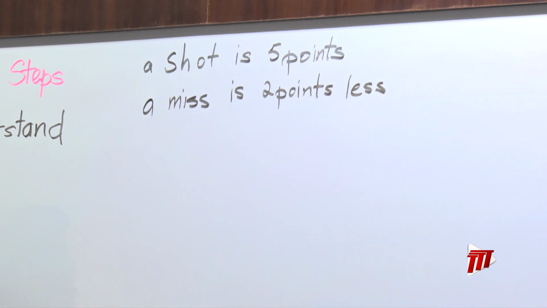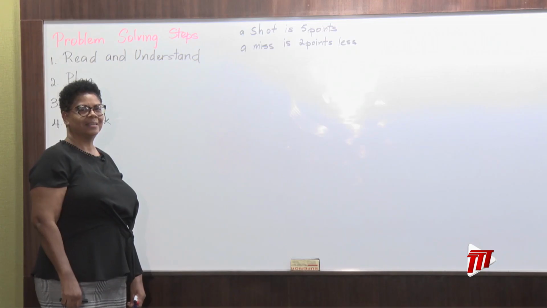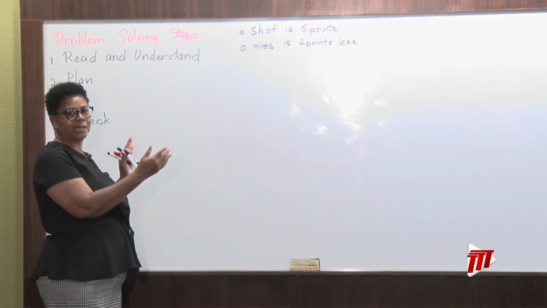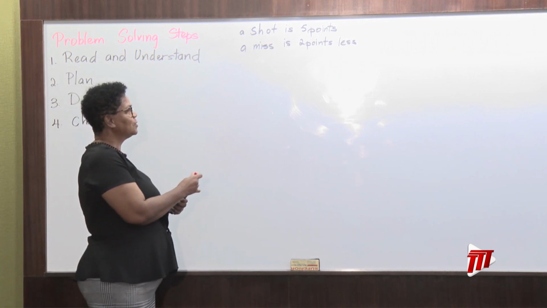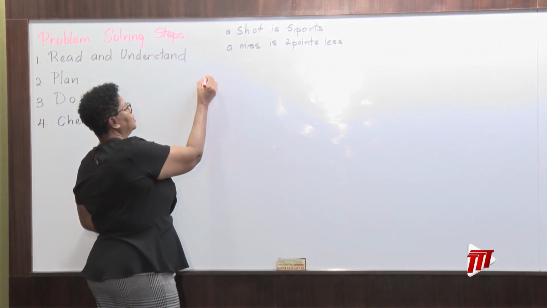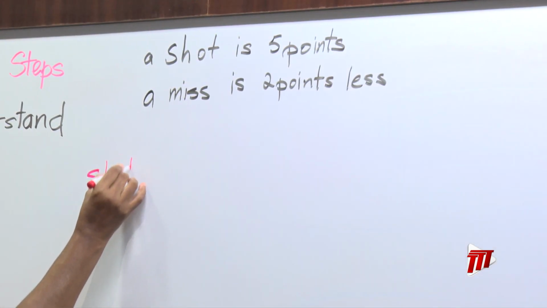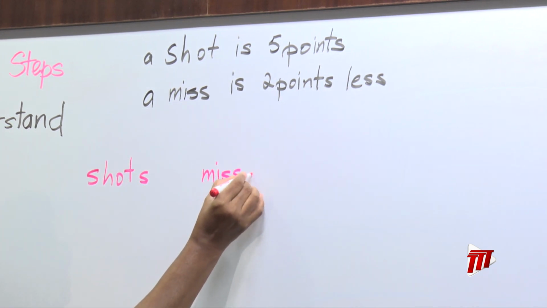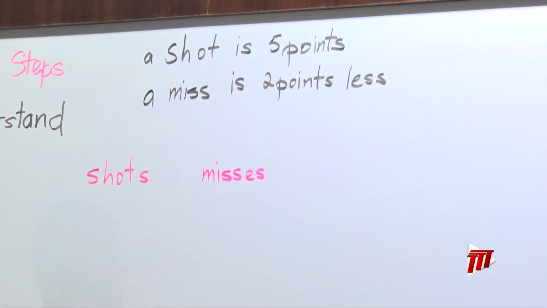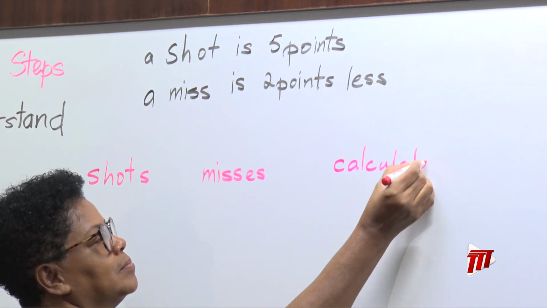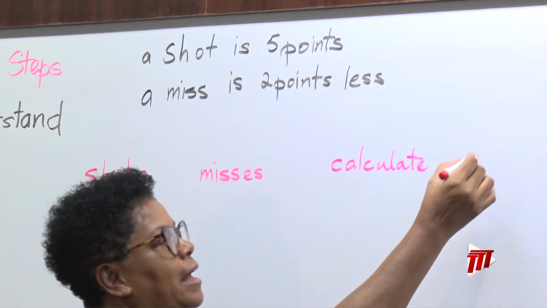So the strategy that we are going to use to solve this problem is the guess and check strategy. But in order for us to do that, I'm going to put it in a table. So the headings for the table are going to be shots, misses. We're going to do some calculations. And then we are going to have the points.